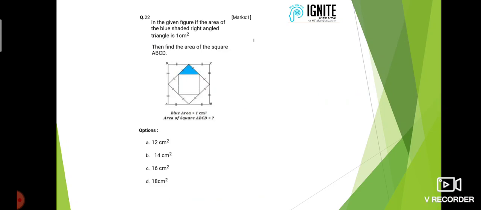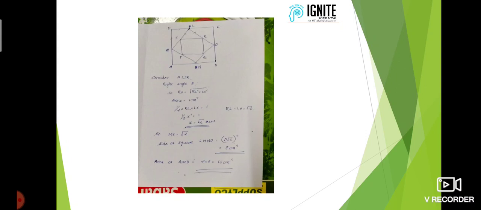In the given figure, if the area of the blue shaded right angle triangle is 1 centimeter square, then find the area of the square ABCD. As you can see in the figure, ABCD is the largest square. You're given the area of the shaded portion, which is nothing but a simple triangle.